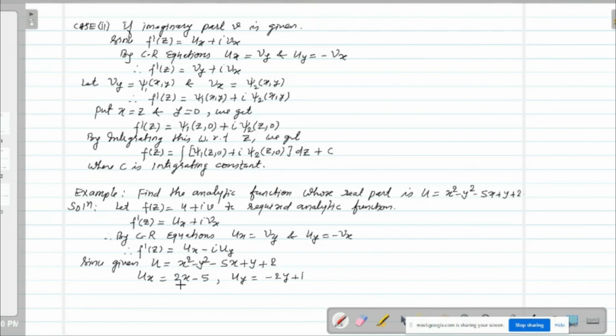So put this value over here. This is equation number 1. Write down equation number 2.